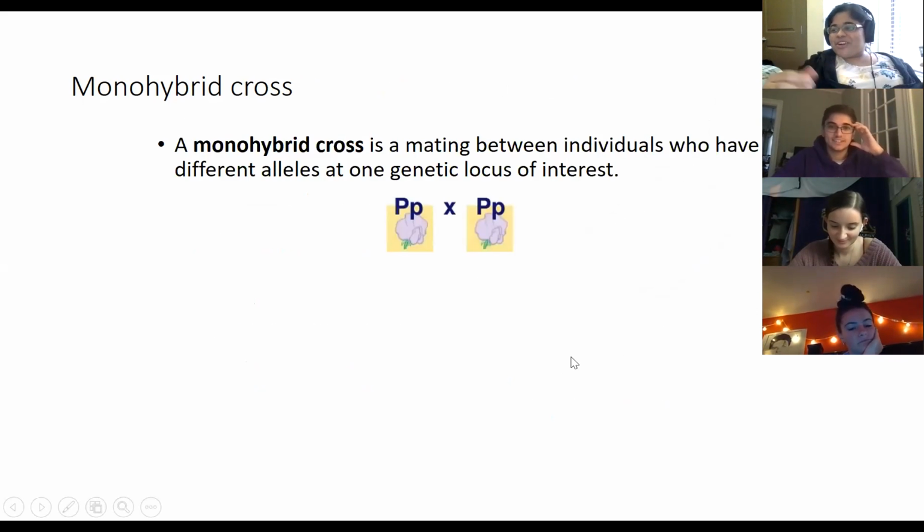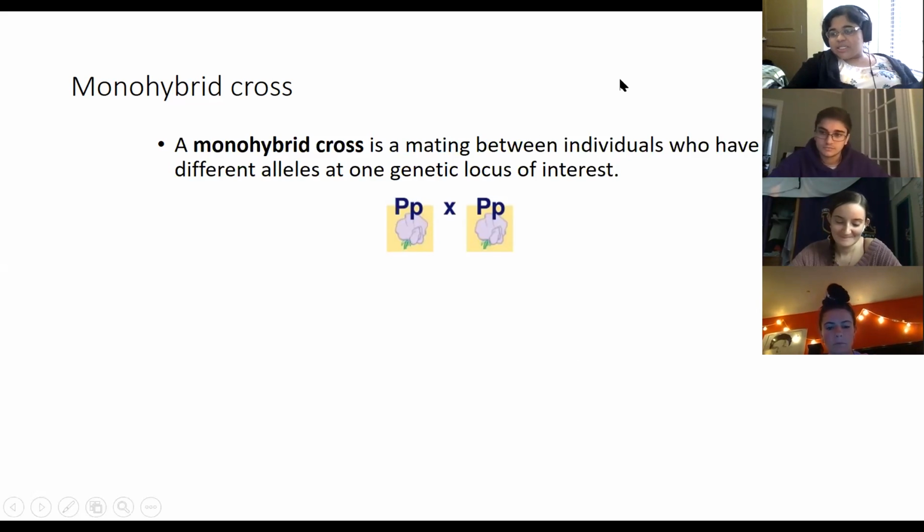So monohybrid crosses are essentially predicting the progeny between individuals that have different alleles at one genetic locus of interest.